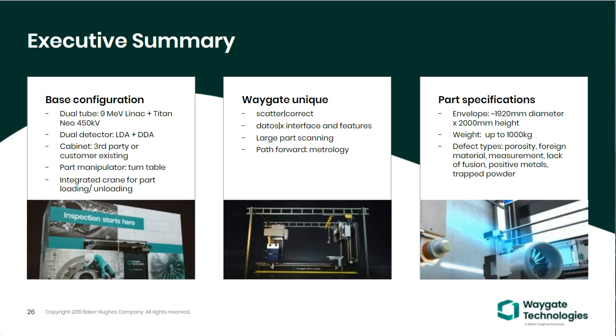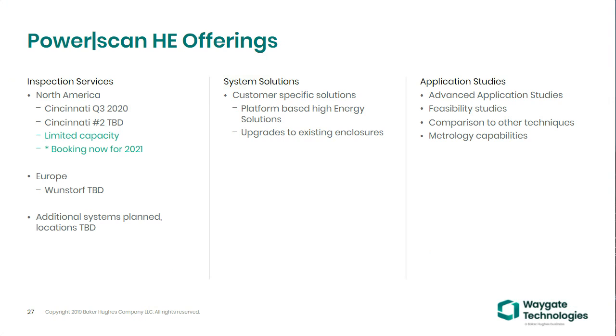Again, we just talked through the defect types that we're hoping to let people see. In terms of what we're offering, the Cincinnati unit is up and running. We've started booking capacity for people who think they need this service or need to investigate this technology.